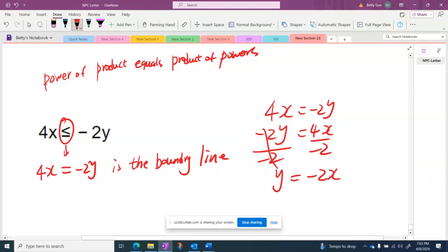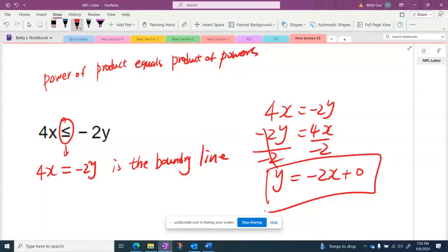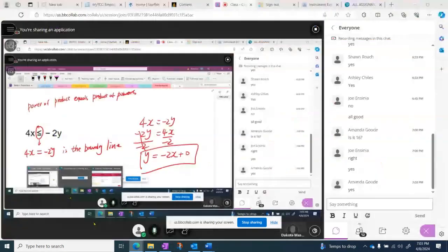So y equals -2x is the equation of the boundary line. I put a +0 because I want to write it in slope-intercept form. Do you agree, guys? The boundary line is y equals -2x plus 0 in slope-intercept form.